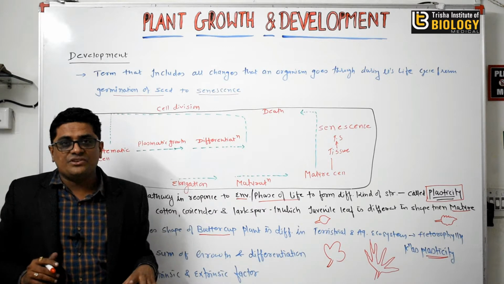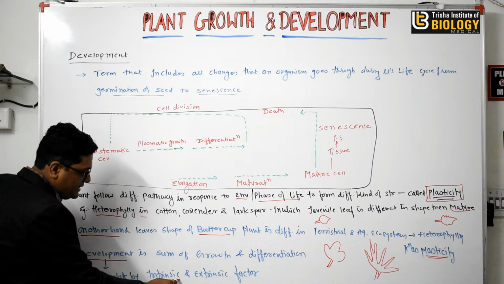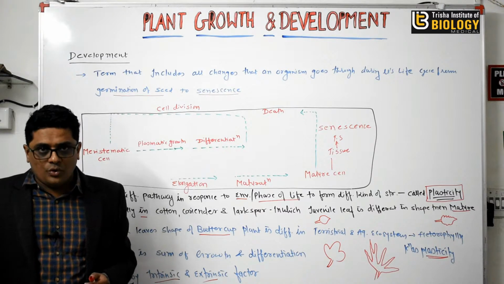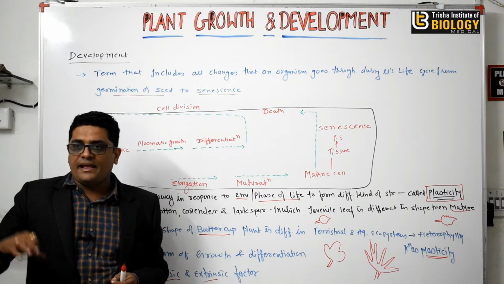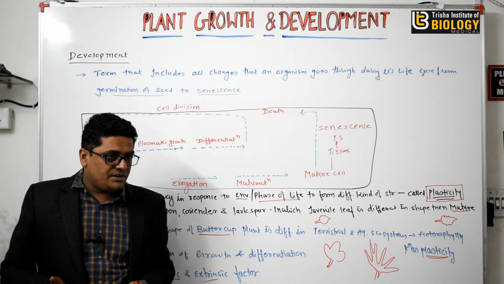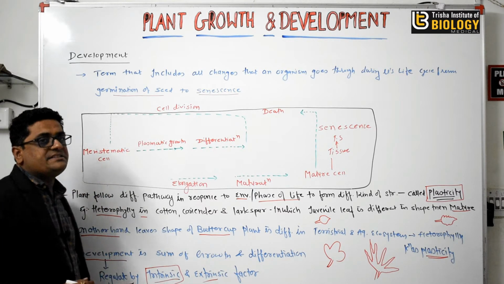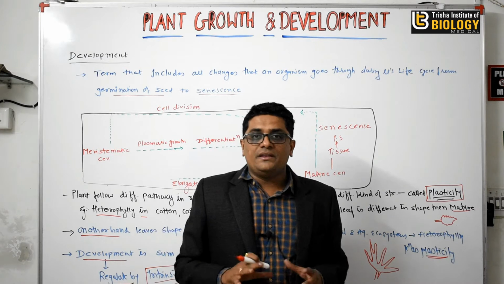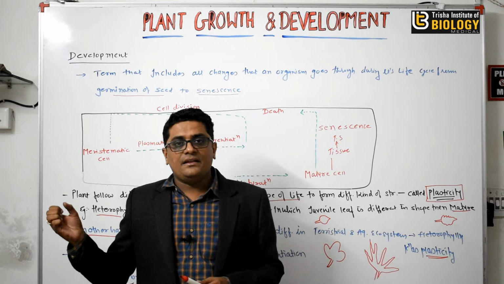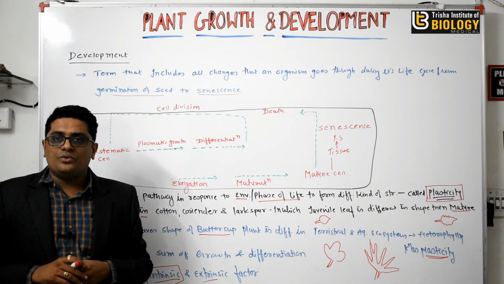Both growth and differentiation, meaning development, are regulated by various intrinsic and extrinsic factors. In the context of growth, we already discussed the extrinsic factors like water, temperature, light, oxygen and mineral nutrition. In the next video, we will discuss the intrinsic factors, which include the various plant growth regulators like auxins, gibberellin, cytokinin, abscisic acid and ethylene. So in the next video, we will discuss the plant growth regulators.